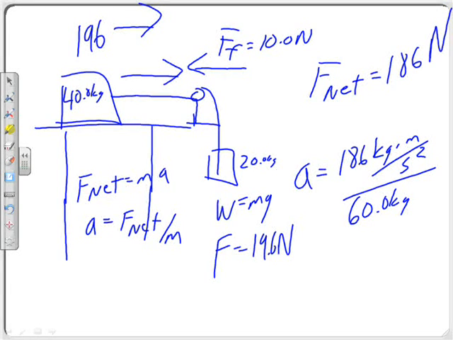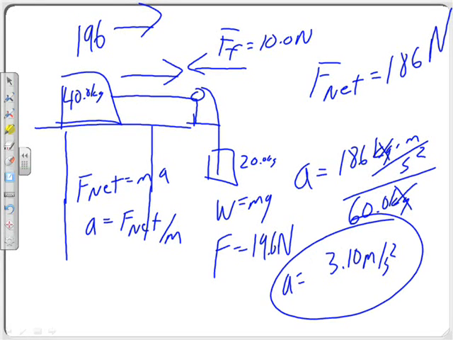So when we solve that out, 186 divided by 60, we end up with an acceleration of 3.10, and we can see that the kilograms cancel. So our units are meters per second squared. If we were talking about the 20 kilogram mass, we could say 3.10 meters per second squared down. If we were talking about the 40 kilogram mass, we could say to the right. But our correct answer again is acceleration is 3.10 meters per second squared.